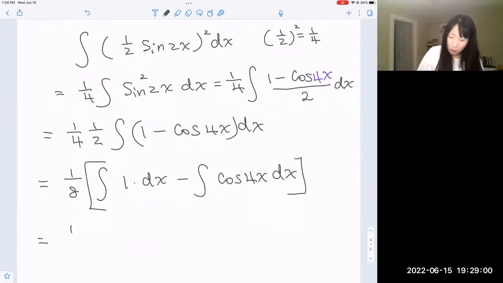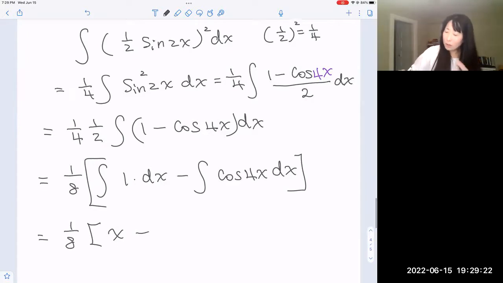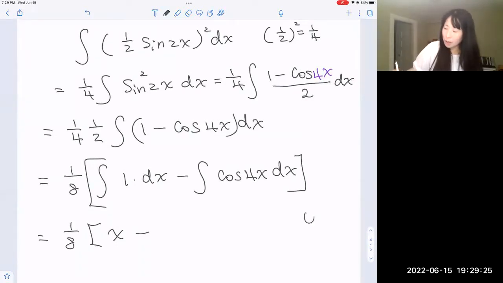Okay, what do you have for the first term? x, very good. Okay, the second term, we did that yesterday. So integrate cosine 4x. Okay, you forget already? Okay, let us do that. Let u equal to what? 4x.